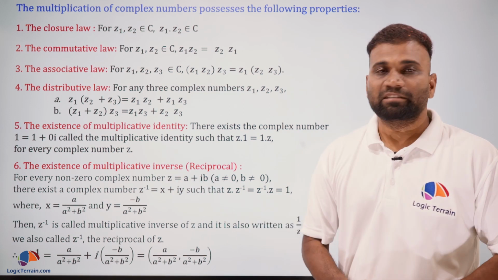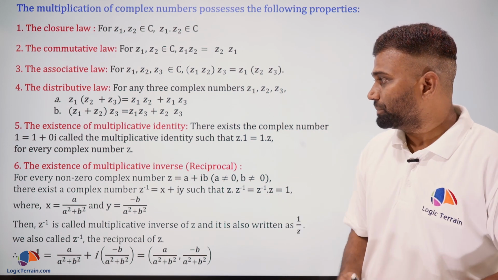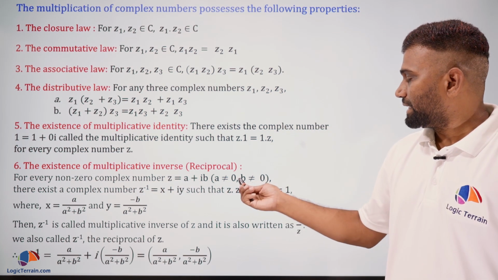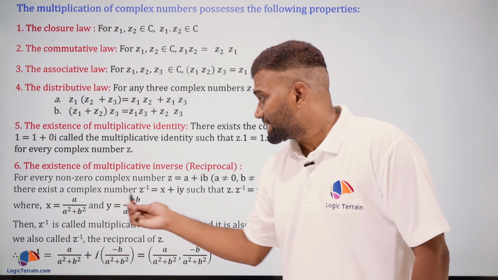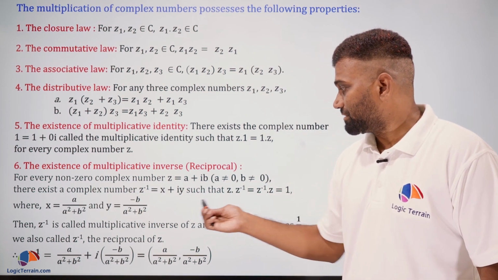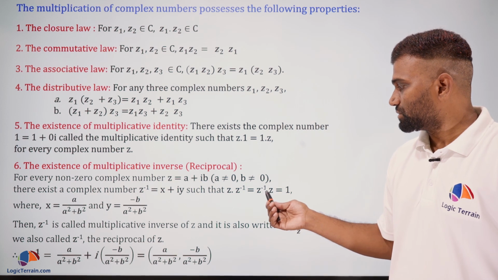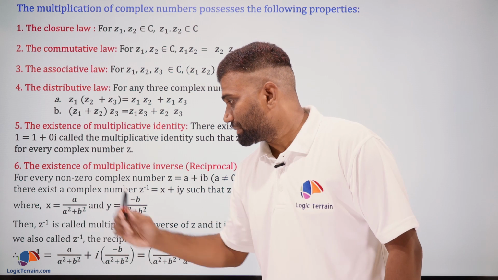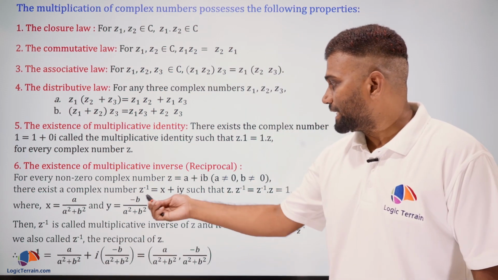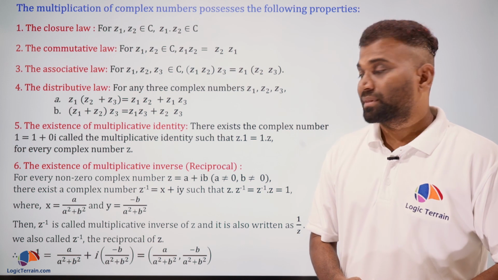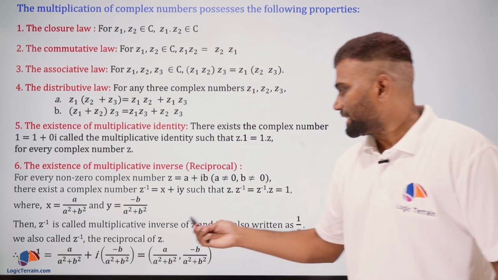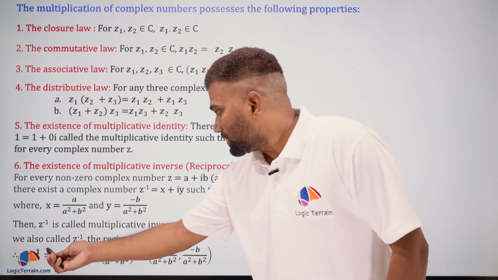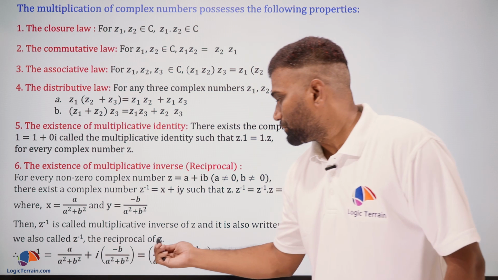Existence of multiplicative inverse, also called reciprocal: for every non-zero complex number z = a + ib, where a, b are not both 0, there exists a complex number z inverse = x + iy such that z into z inverse is equal to z inverse into z is equal to 1, where x = a/(a² + b²) and y = -b/(a² + b²). Here z inverse is called the multiplicative inverse of z and it is also written as 1/z. We also call z inverse the reciprocal of z.